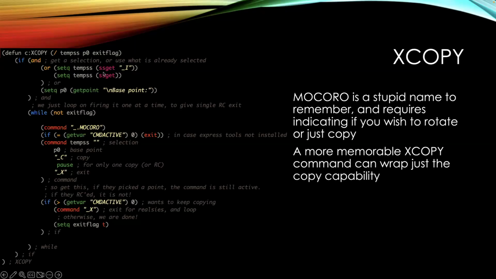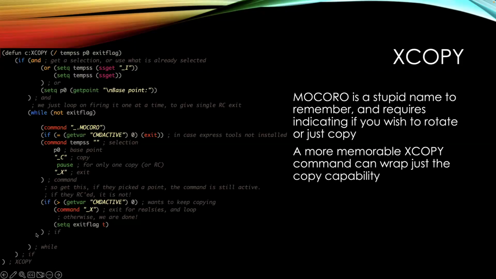If not, we're just going to prompt for a selection. And so now the user has selected objects to copy. Great. We now prompt for the base point. Maybe we could look at the objects they selected and automatically construe a base point, but obviously the user might want a very specific base point, so it's probably best to simply prompt for that. Okay, so we have our objects, we have our base point.